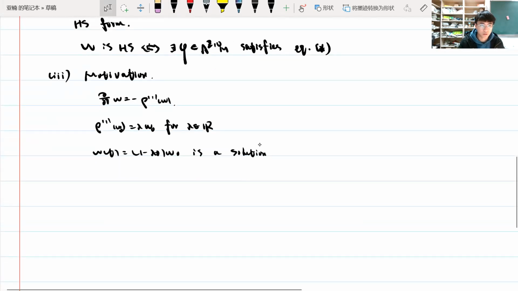So we'd like to find the metric satisfying this condition, and Streets and Tian call this metric static.